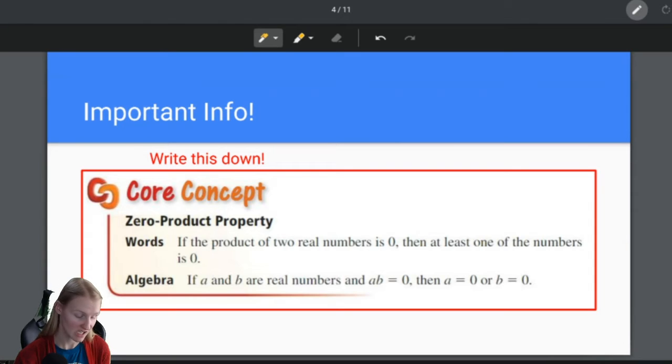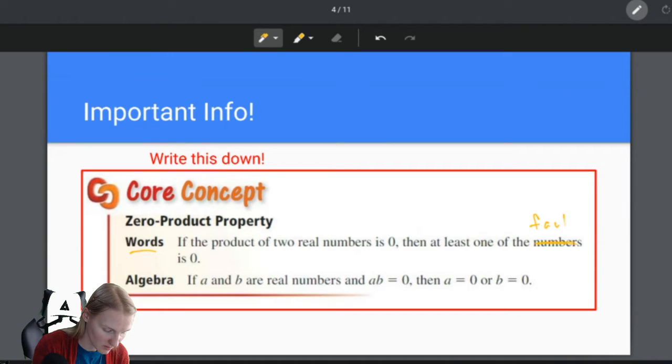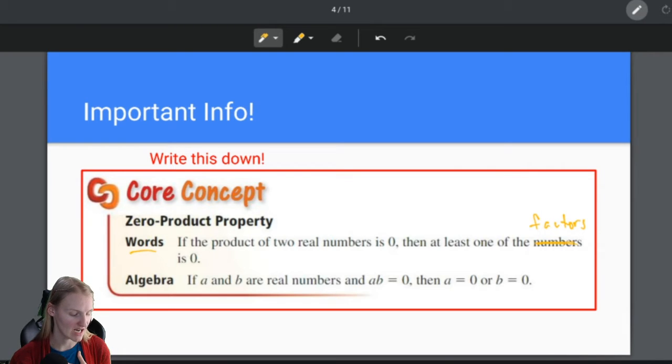What this says in words is, if the product of two real numbers is 0, then at least one of the factors is 0. And what that looks like algebraically is, if a and b are real numbers and a times b is 0, then a is 0 or b is 0.